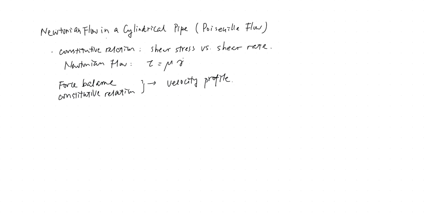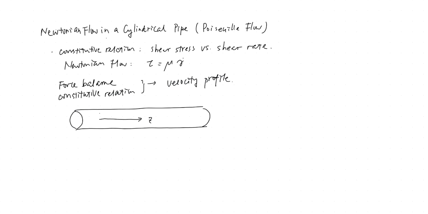Okay, so let's still think about a pipe. Axial direction is Z. Last time I used X, now this time let's use Z. It doesn't really matter, it's just how you call it.